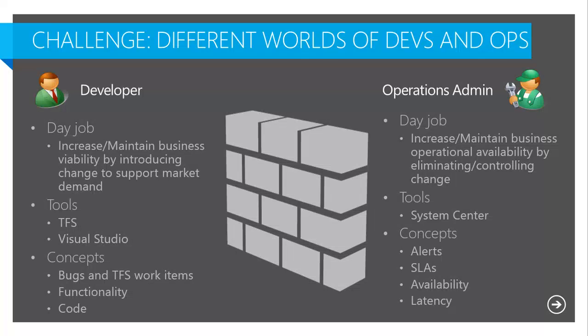IT operations, on the other hand, care most about what? About maintaining the stability of the application. They do not want to take that extra risk. So just having that conflict of interest indeed makes communications between developers and operations more difficult.